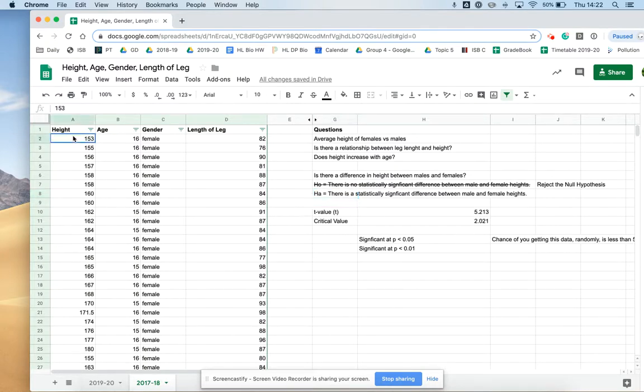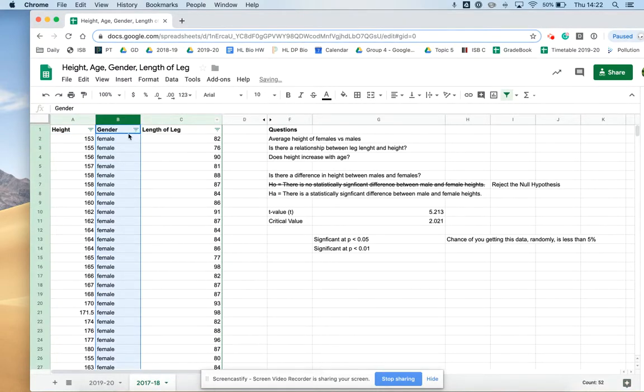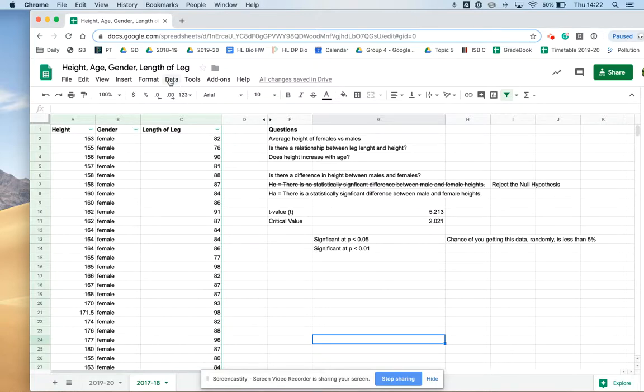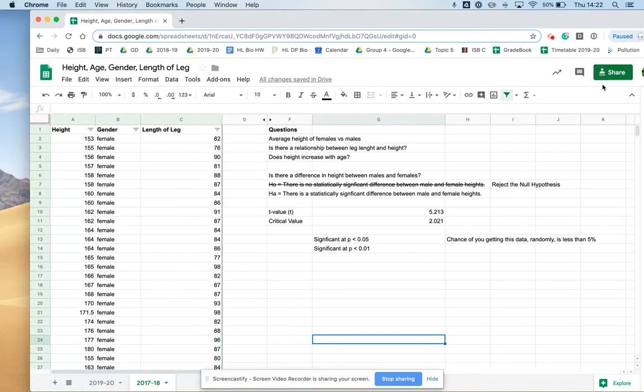So for example, if I was to delete that, and I was going to make a graph of this data.